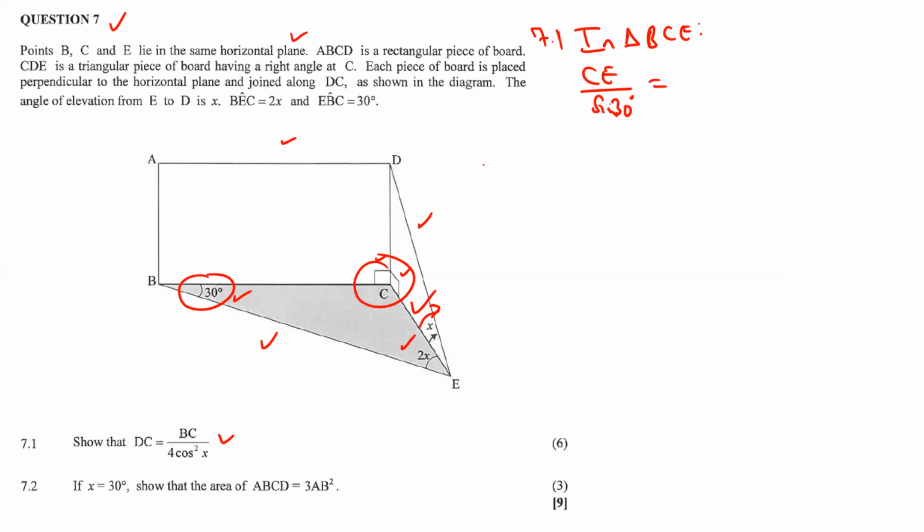It's equal to BC, this one, over the sine of the angle opposite BC, which is twice X. So CE is equal to BC sine 30, divided by the sine of 2x.